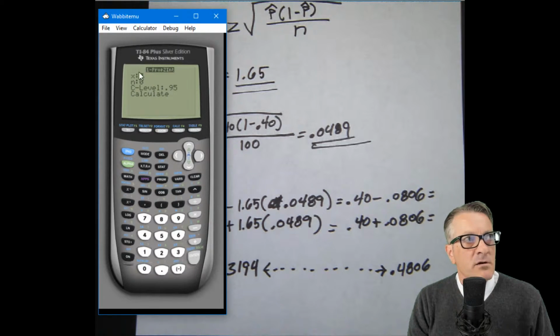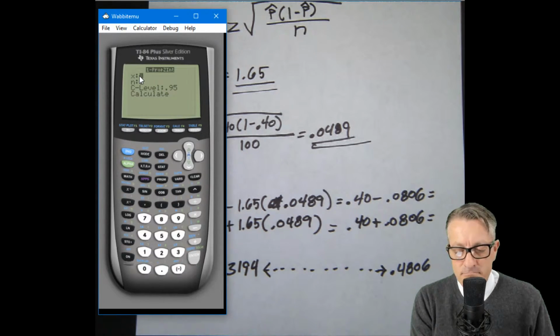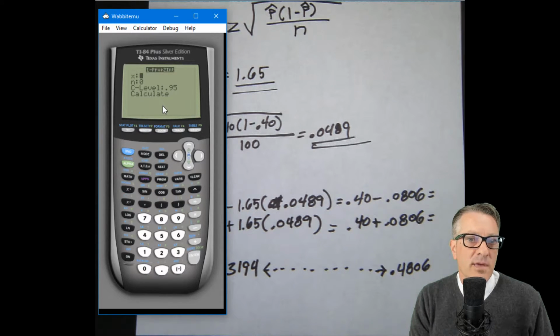And so we're going to put in our x, which is our number of successes. Now, with proportions, sometimes you would think it would be a point, say 0.4, but in this case, it's the actual count based on the proportion. So our proportion was 0.40 out of 100. So it ends up being 40.